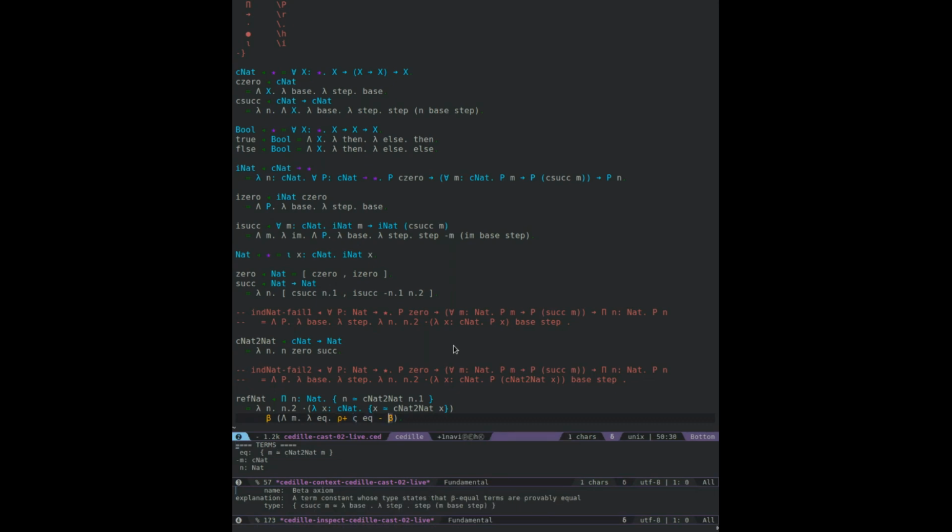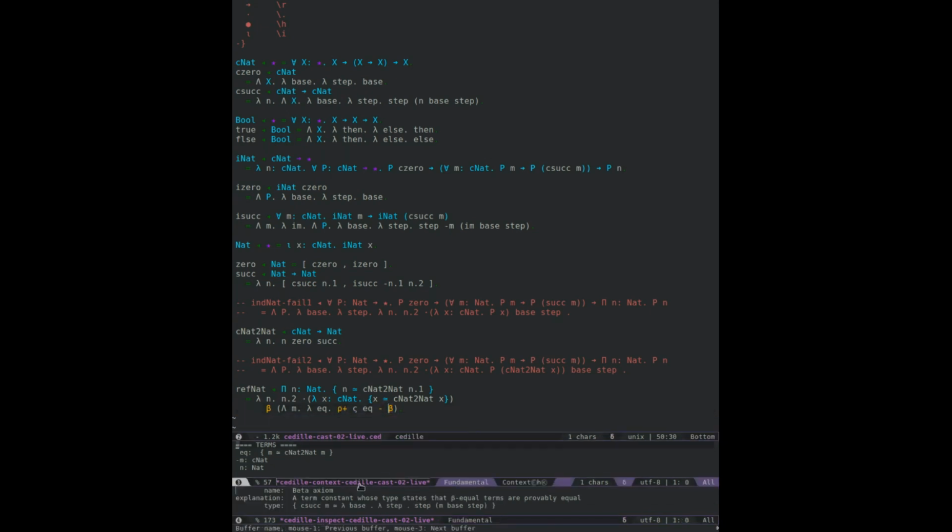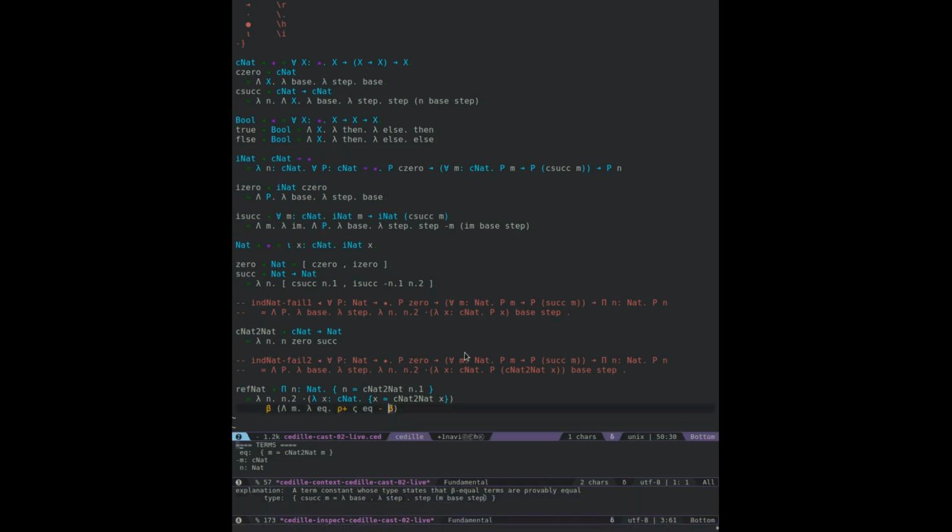And if I rewrite by this, going in the other direction where I'm collapsing c nat 2 nat m to m, I'm only rewriting the right-hand side of this equation that I'm trying to prove, which collapses it and gives me two expressions which normalize to each other. I mean, this right now is successor m applied to two abstractions, but if I normalize successor m just a little bit, I'd get this lambda term.